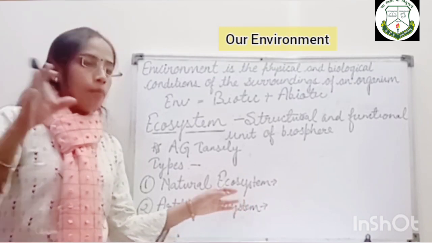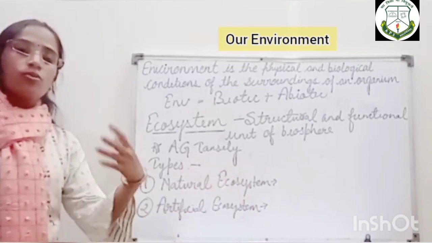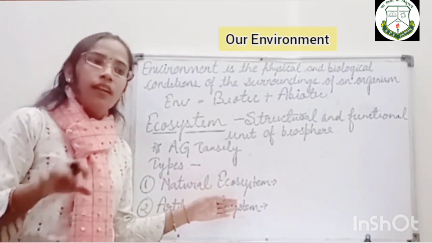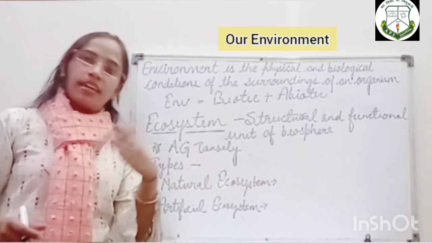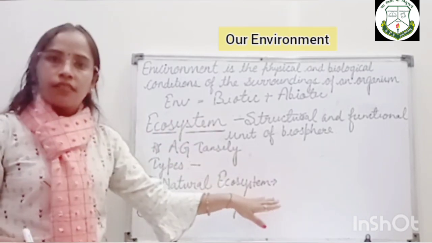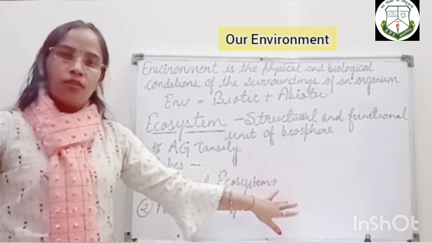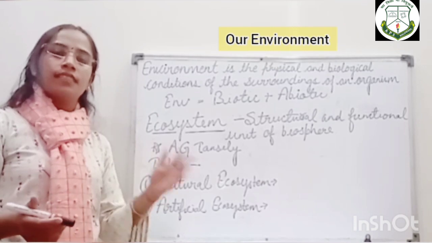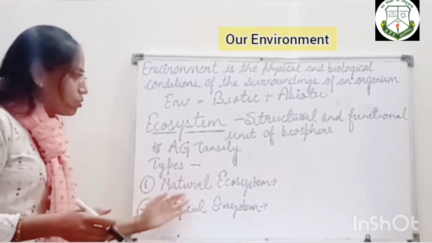They are not supported by human beings. They occur naturally, for example, forest, pond, lake. According to their habitat, they are classified into two groups, terrestrial and aquatic. Forest, grassland, desert are examples of terrestrial ecosystem, and pond, lake, oceans are examples of aquatic ecosystem. They come under the natural ecosystem.